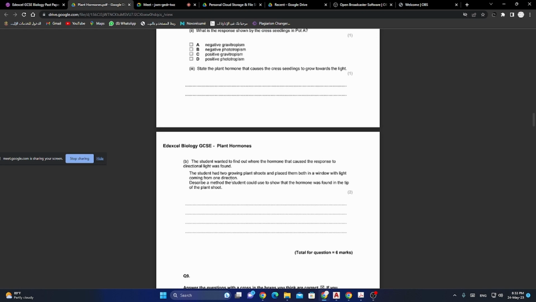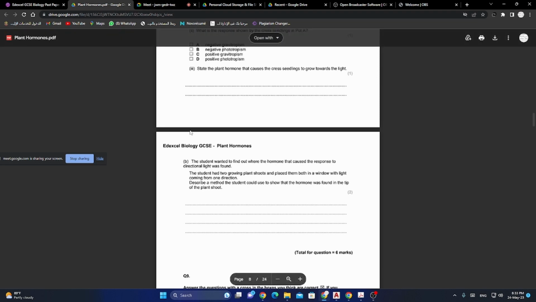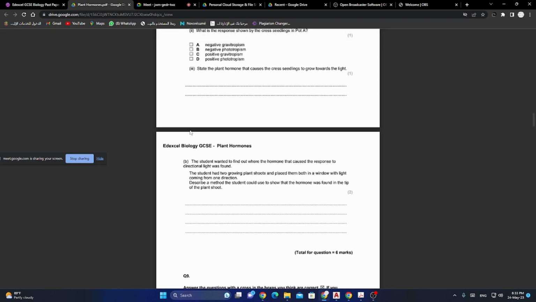You don't have to place the tip of the plant shoot. Because they're asking in this case, they wanted to show that the hormone was found in the tip of the plant shoot, right? So you can just remove the tip for the first experiment, right?